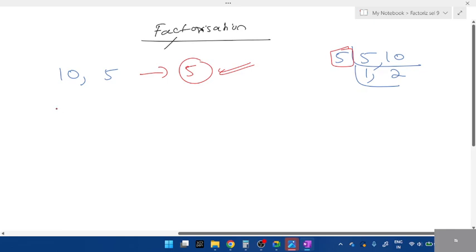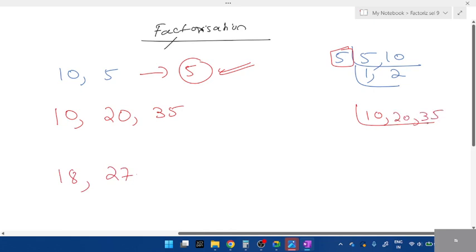I'll give you one question. Tell me the highest common factor for 10, 20 and 35. All of you find the HCF of 10, 20 and 35. You have to use these numbers 2, 3, 5 and 7.